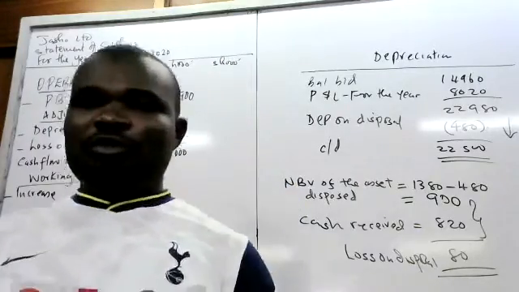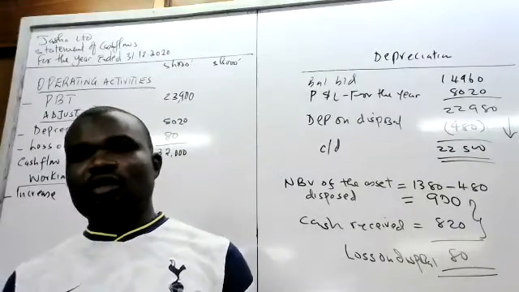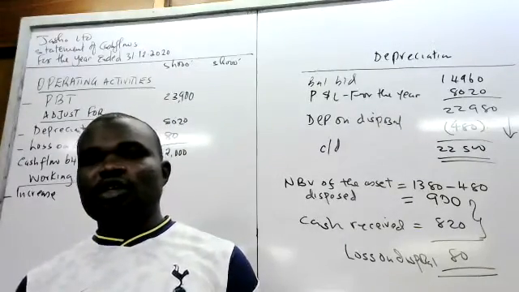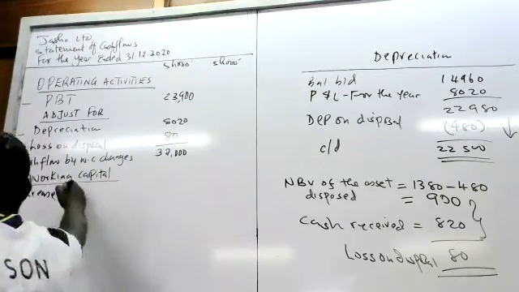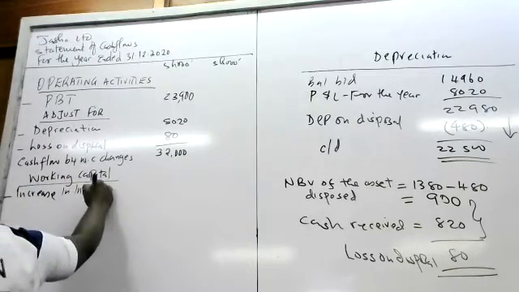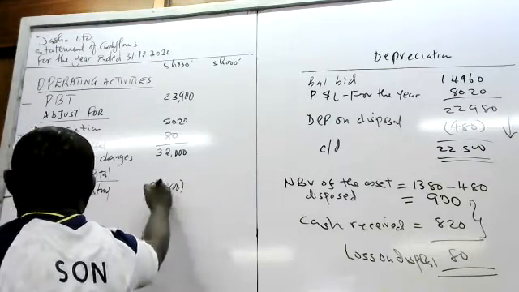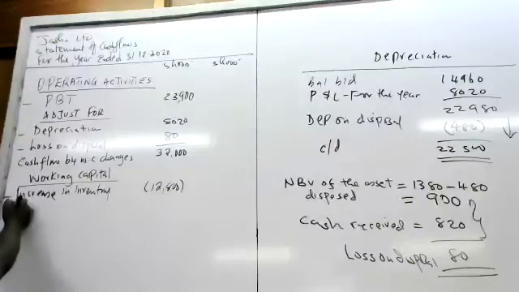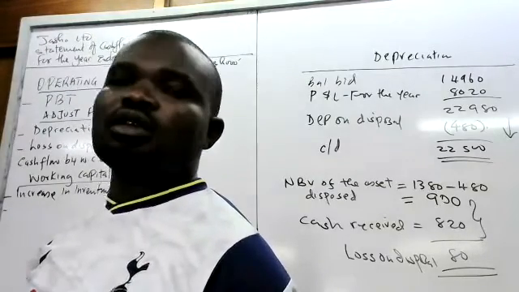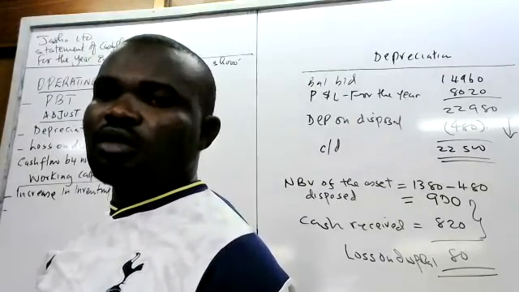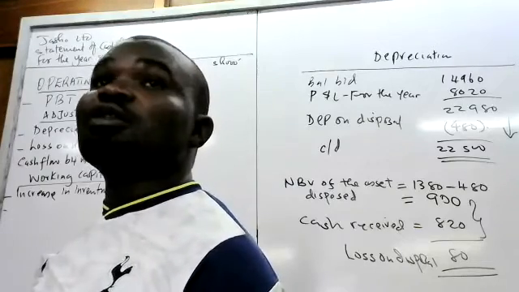So confirm for me these answers from Nina. She's saying increase in inventory is 12,800. Yes, we deduct. Receivables, she's saying increase of 740.